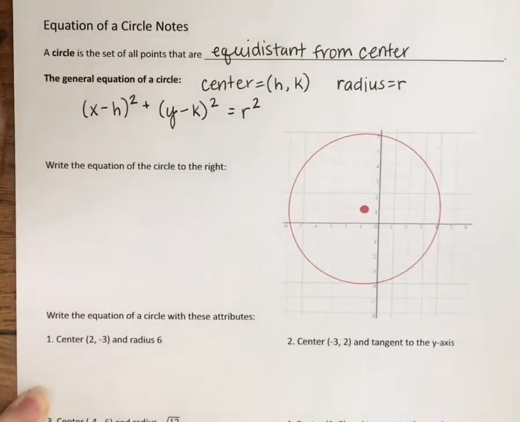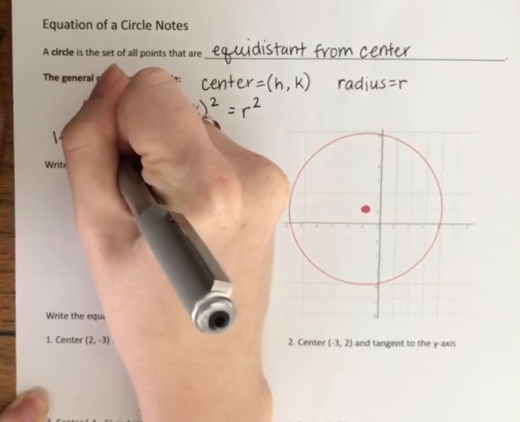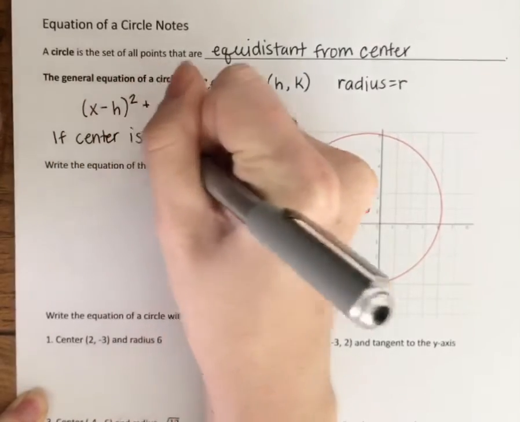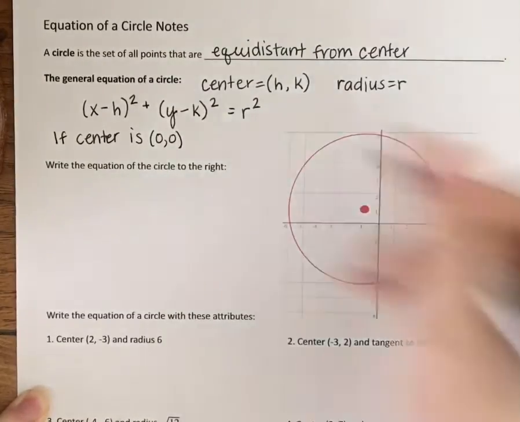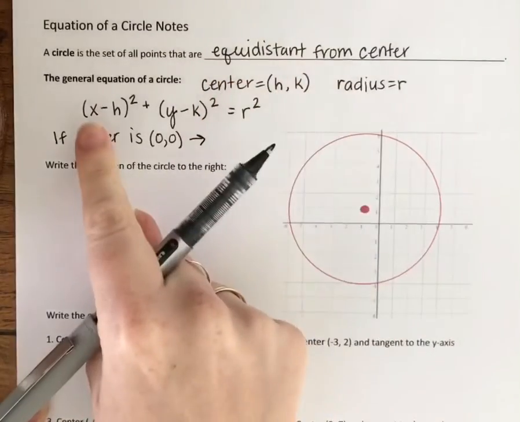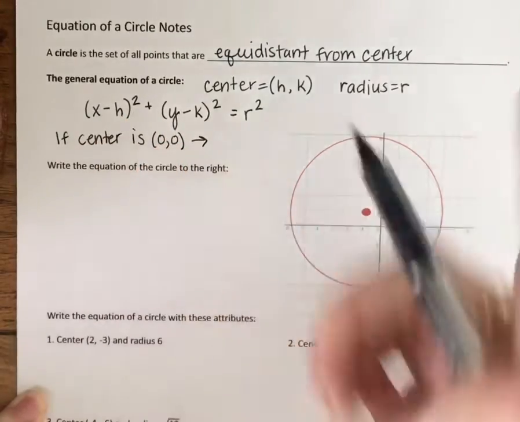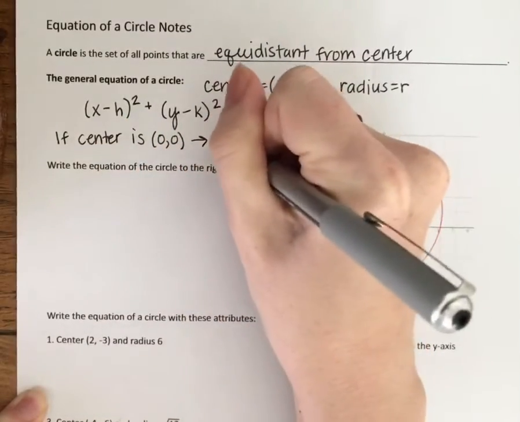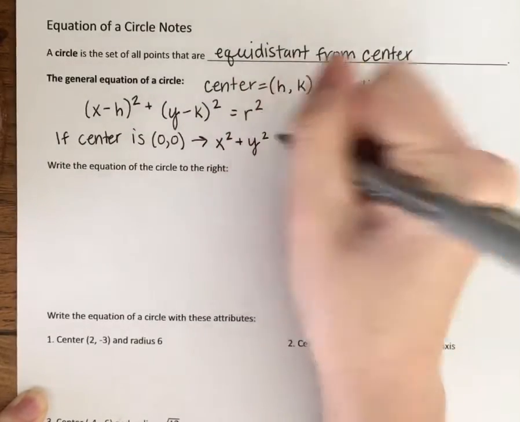Okay, now one special case, if the center is 0, 0. So if the center of your circle is on the origin, okay? Then when you go to write your equation, x minus h, x minus 0 is just going to be x squared. And then y minus 0 is just going to be y squared.